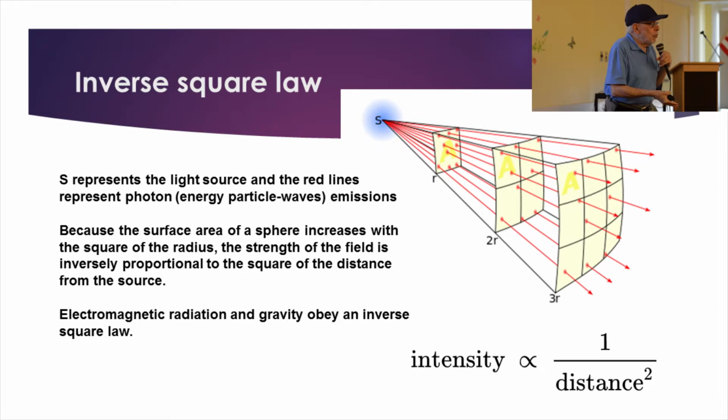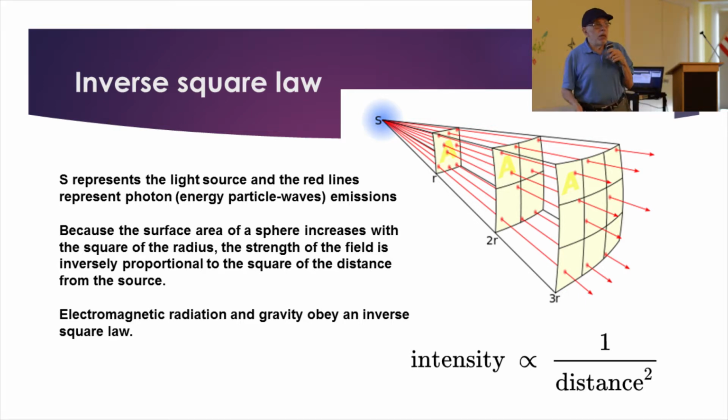It's got to be reduced, because now the same amount of radiation is going through a much larger area. If you go to 3r, then you have 9 times the area. So there are 9 of these squares, and the intensity, therefore, is 1/9.